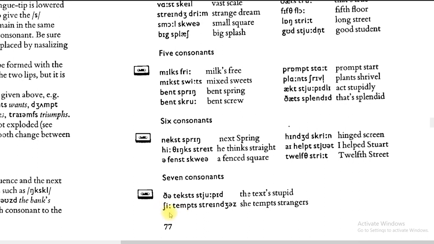The second example, she tempts strangers, she tempts strangers. هنا كلمة tempts ending with m, p, t, and s, and the next word is starting with s, t, and r. If you count them all, we're going to have 7 consonant sequences.